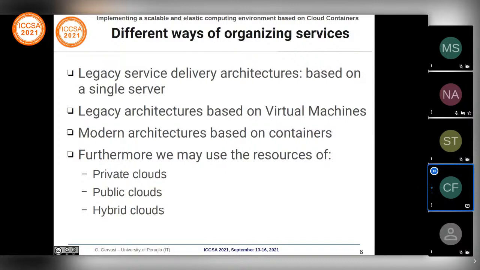Those architectures need to run, of course, on a physical infrastructure. The physical infrastructure may be a private cloud. In this case, for example, a public administration may have its own data center, a series of computers that will deploy a cloud service like the commercial ones of the big IT companies in the world.